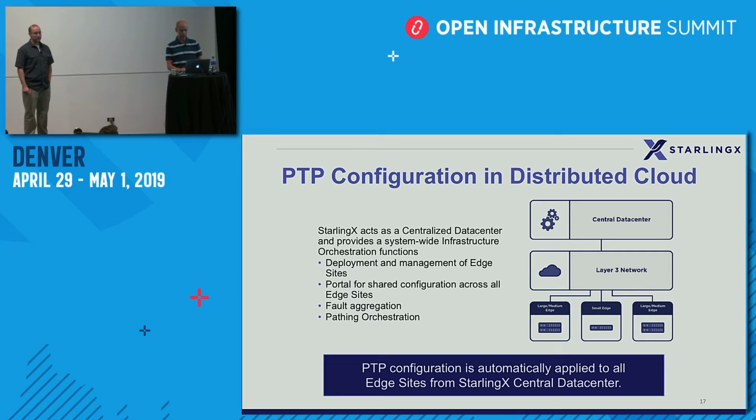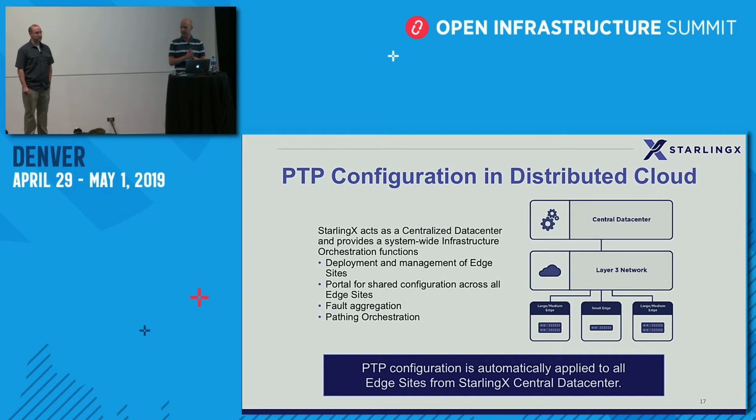And moreover, we have a so-called distributed cloud configuration, where we have one central data center, a StarlingX data center, which acts as the shared configuration manager for multiple edge sites that can be distributed geographically around the globe.